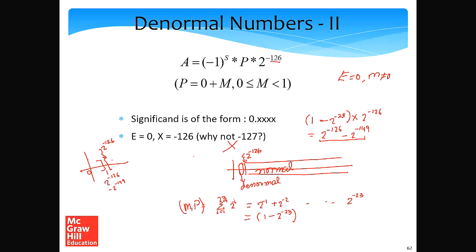So what is the range of the denormal numbers? The smallest positive denormal number would have the mantissa with the last, 23rd bit equal to 1. So it will be 2 to the power minus 23 multiplied with 2 to the power minus 126, which is 2 to the power minus 149.